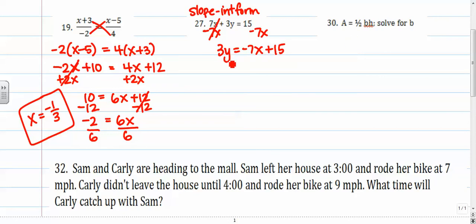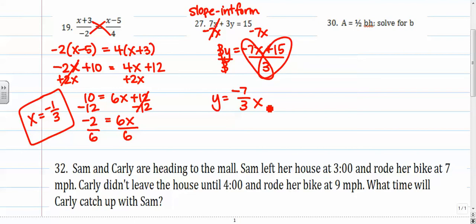Then the only thing left with the y is a 3, so I'll divide the 3. Okay, cancels that 3. So y equals, so I have negative 7/3. Again, do not go to a decimal. Leave the fraction. Just reduce it if you can. This one can't. So negative 7/3 x, and then the 15 over 3 becomes a 5. And there we have our slope-intercept form.